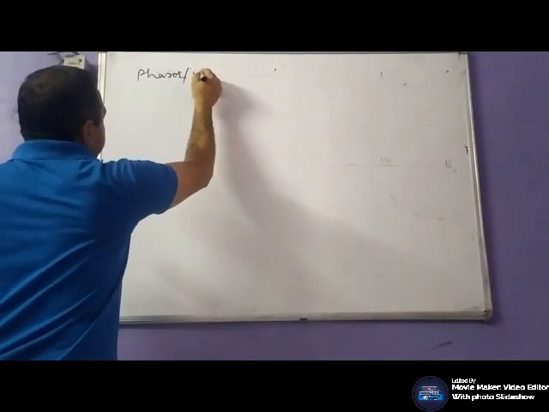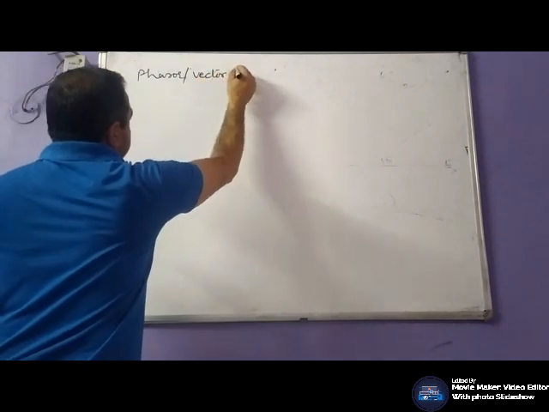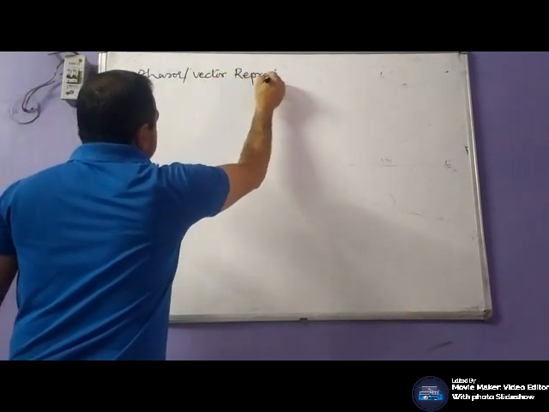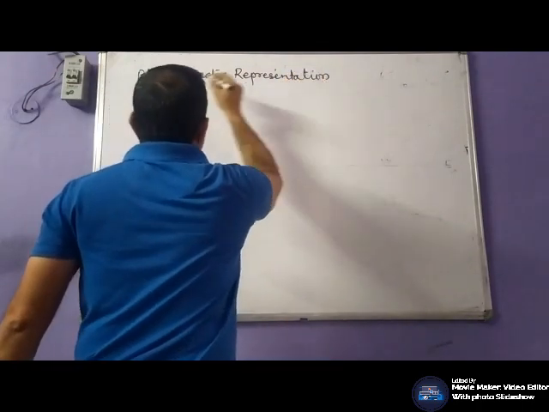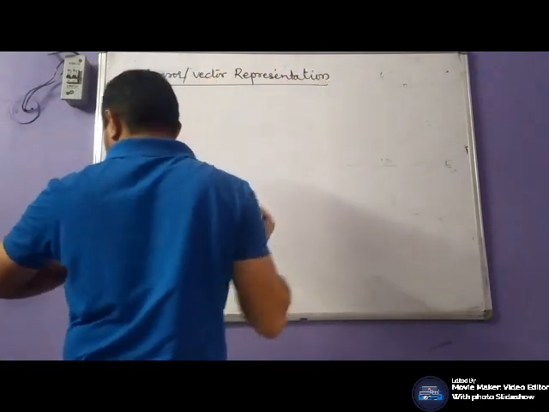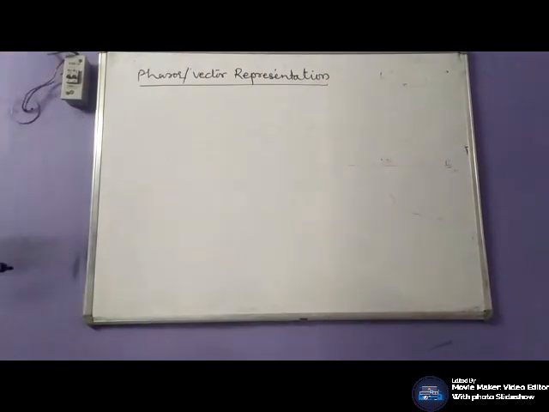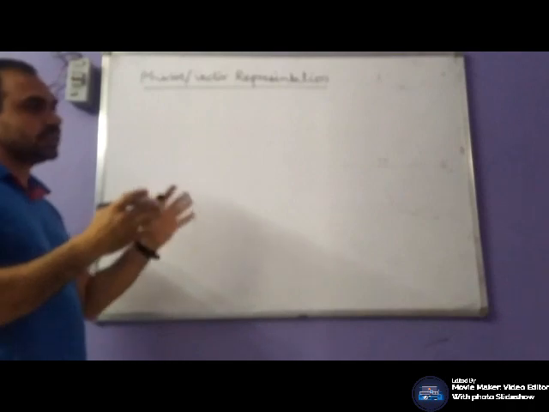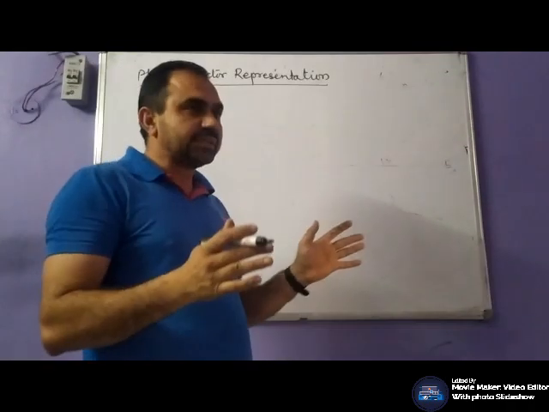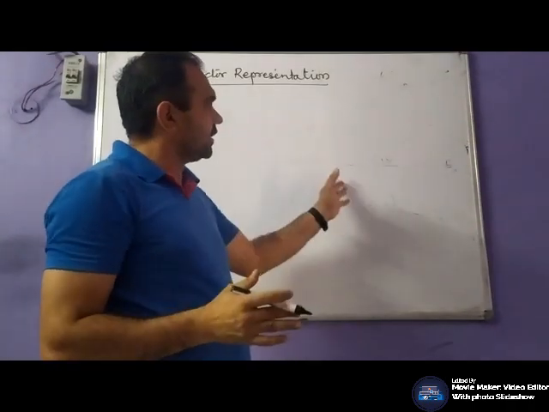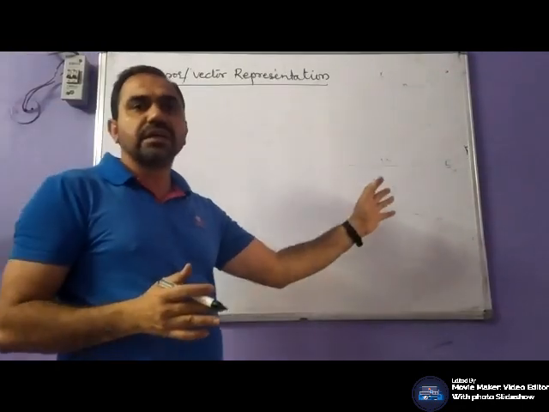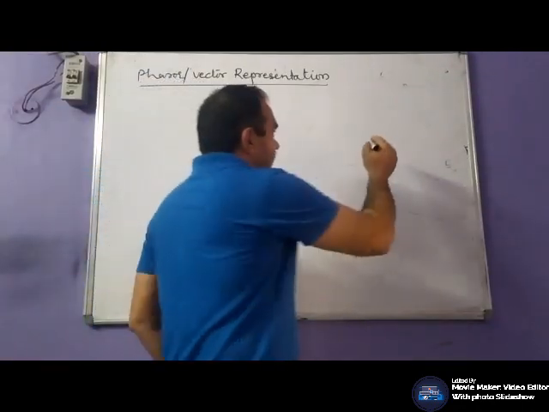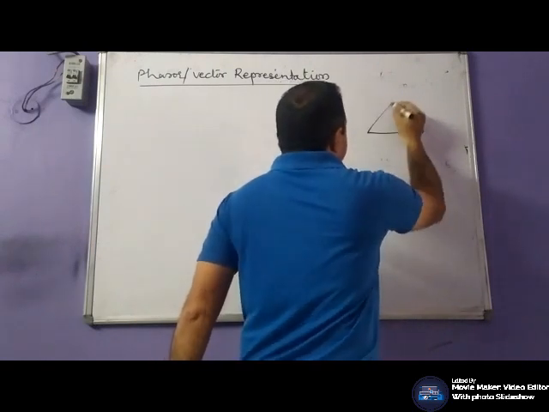Phasor, or we can say vector representation. Using phasor, we can represent the alternating quantities in terms of their maximum values and in terms of their RMS values, and that represents a diagram.